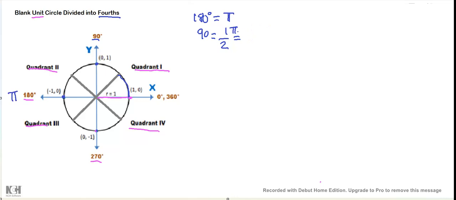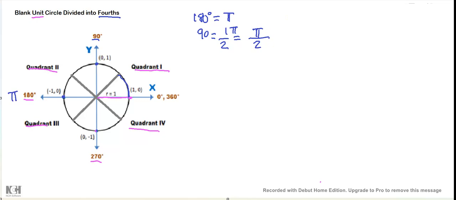Now, if you'll notice, the pi's in the numerator along with the 1, and it's not written like that, so we'll just get rid of the 1 and write it like this. So this represents half pi.